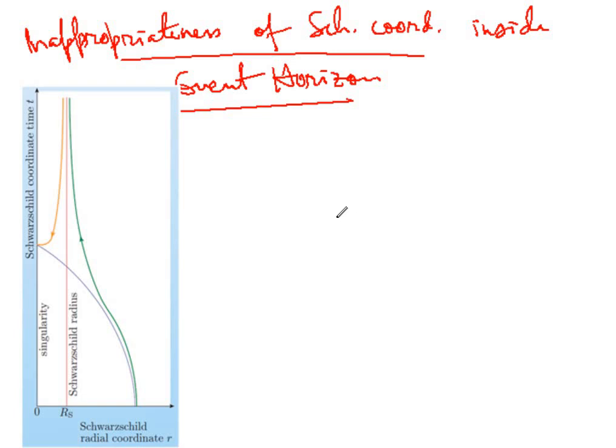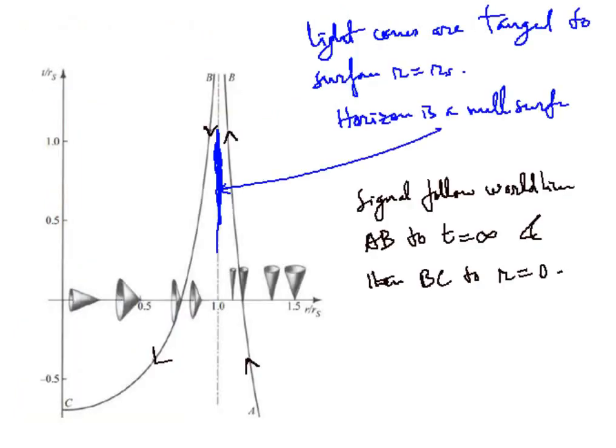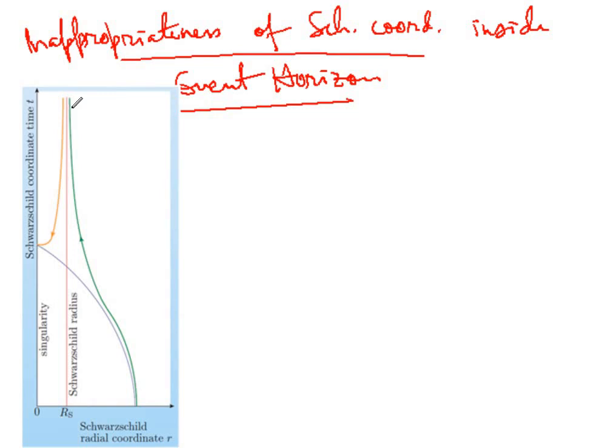You see, the extra part of the pathway, right now I am showing a different diagram compared to what I have shown previously. This extra part of the pathway is shown in orange. From the horizon to the central singularity, it starts at t tending to infinity and then leads back to the coordinate time to some earlier finite value.